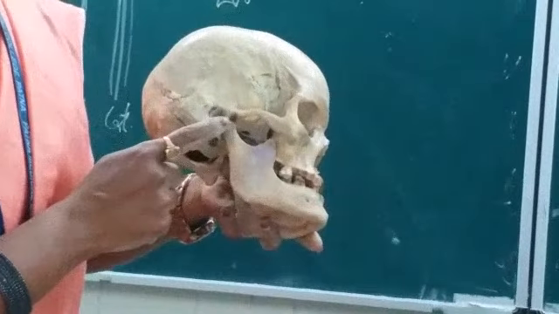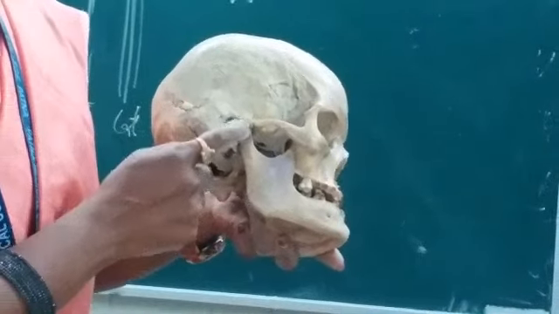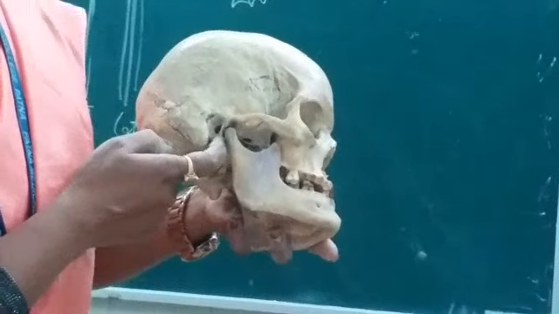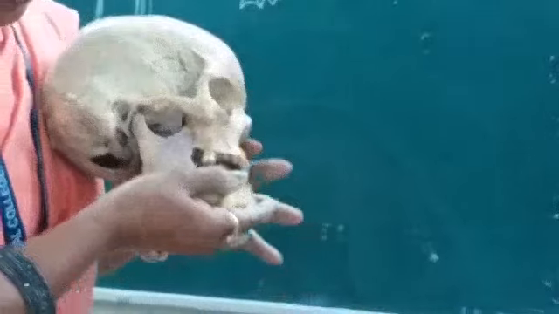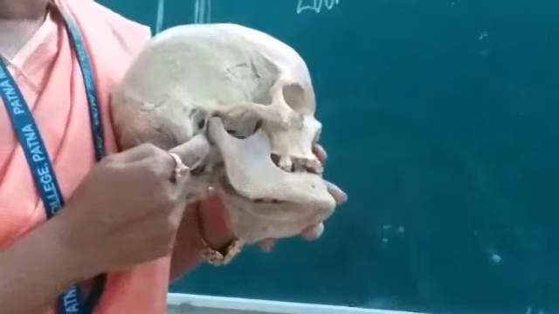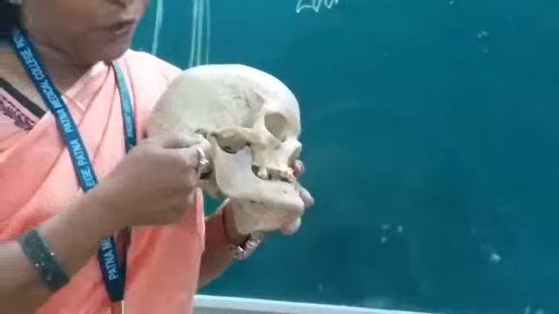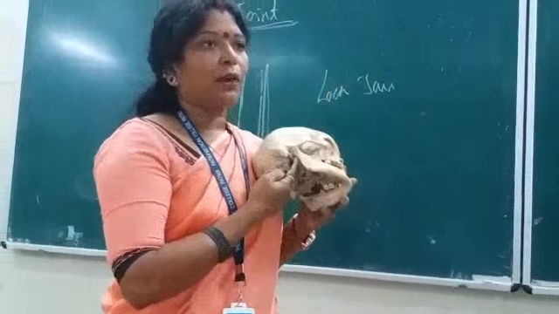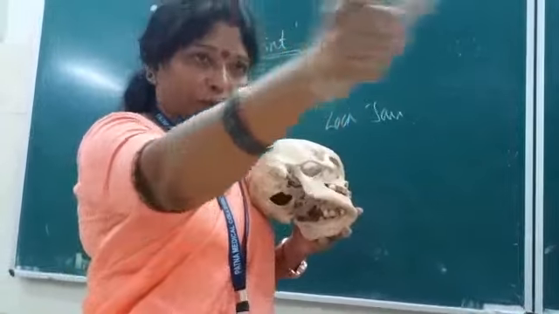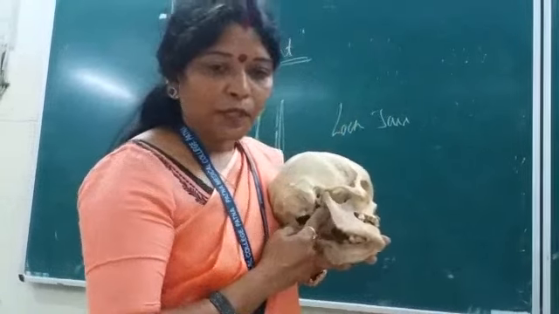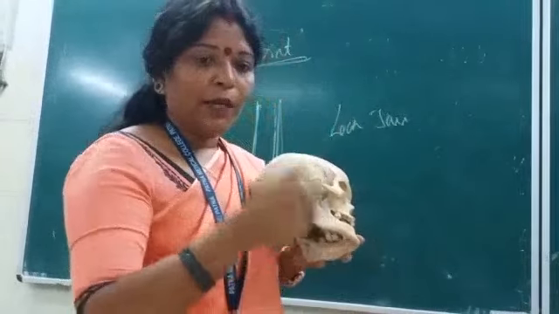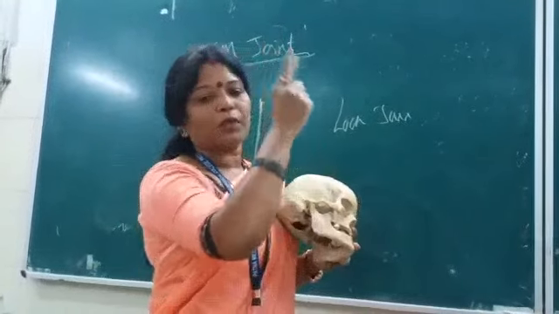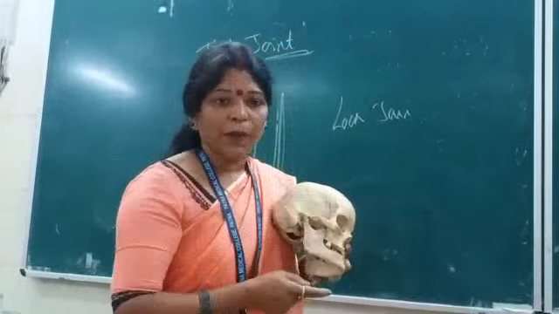This is the head of the mandible and this is the articular eminence. Posteriorly, there is the tympanic plate. Whenever there is dislocation, this tympanic plate will support it, so posterior dislocation is not common. Medially, there is the styloid process, which prevents medial dislocation. Above, it is not possible because the squamous part of the temporal bone is there.